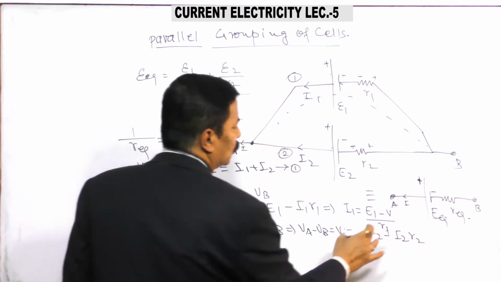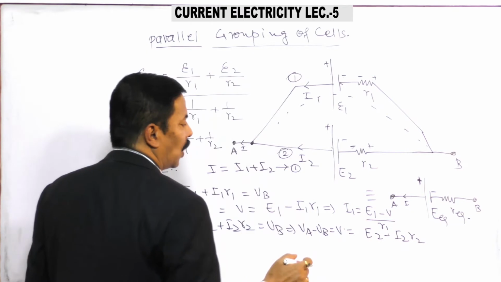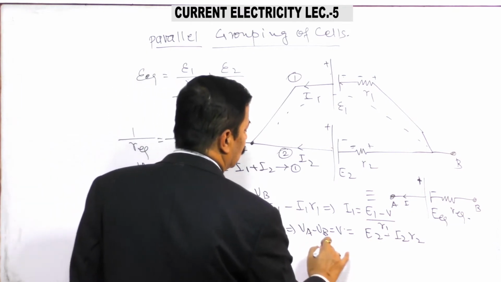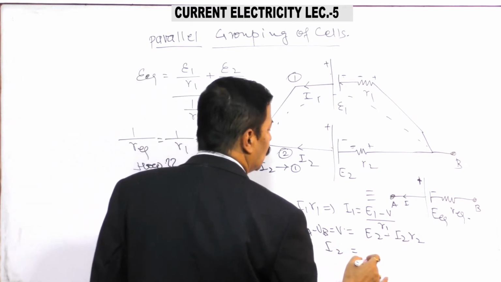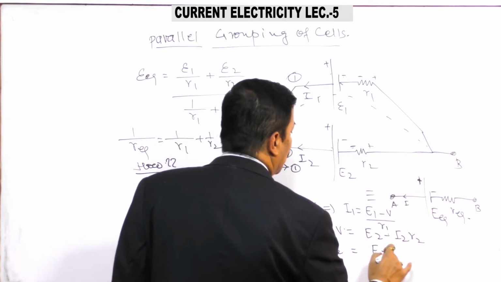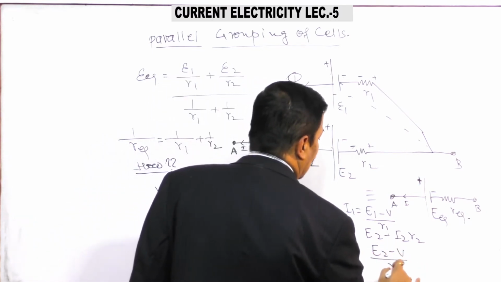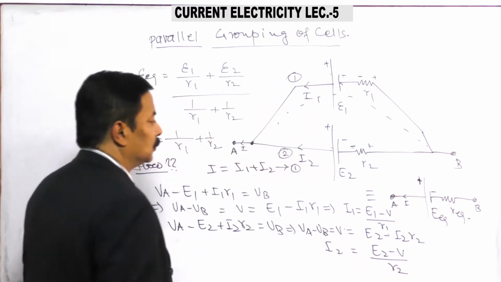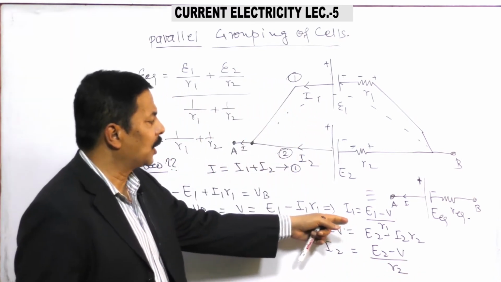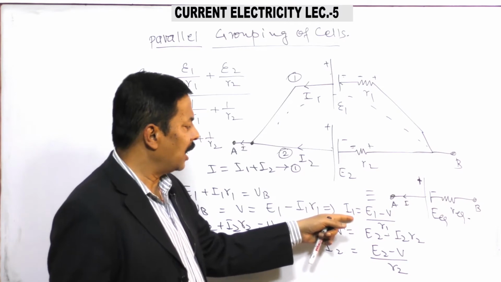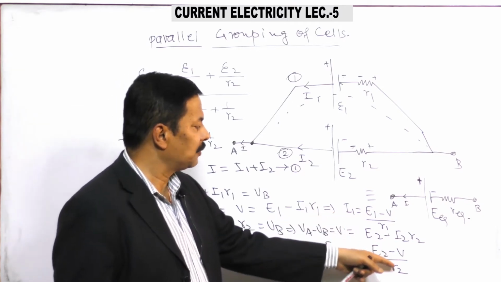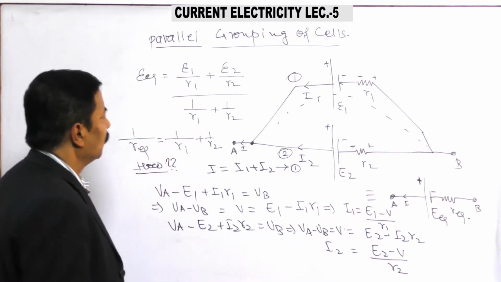So how much is I2? I2 should be equal to E2 minus V by R2. So looking at this also, you can write I2 is equal to E2 minus V by R2.